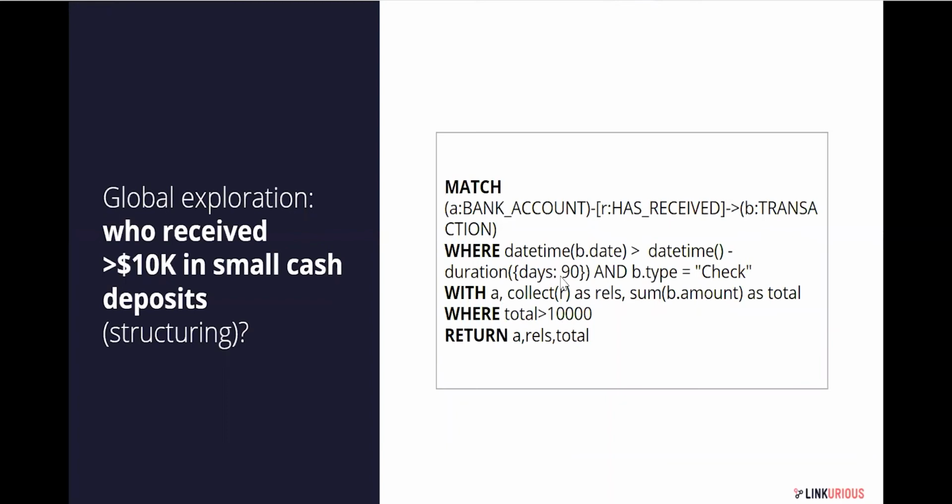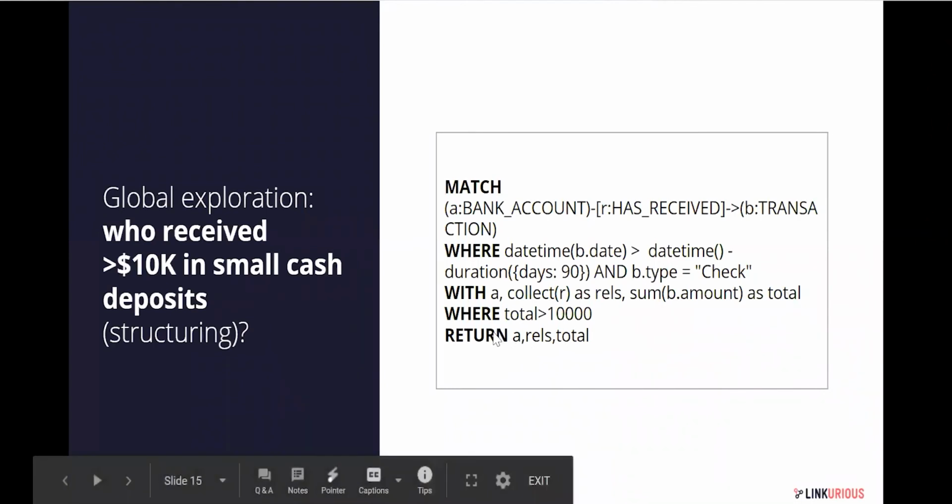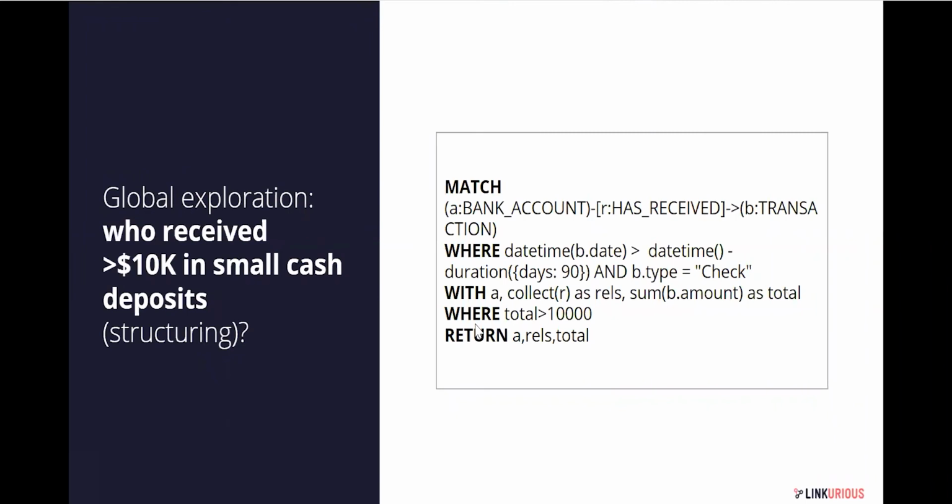Then we collect the results, and we sum the amount of all the transactions, which then becomes a new variable called total. And then we are just making a quick check, verifying that the total is above the threshold that we defined, which is $10,000. Then we actually return the results. So that's it for the query.